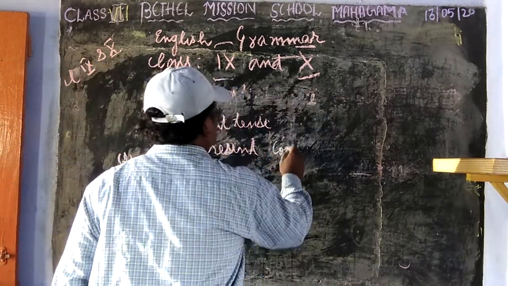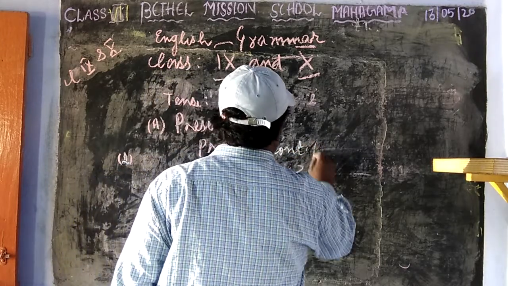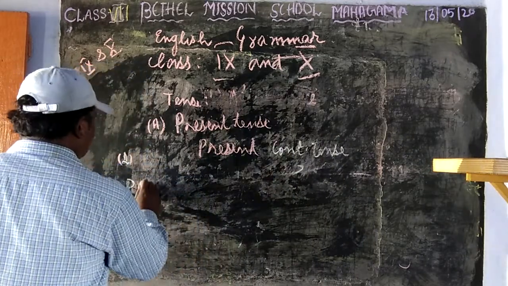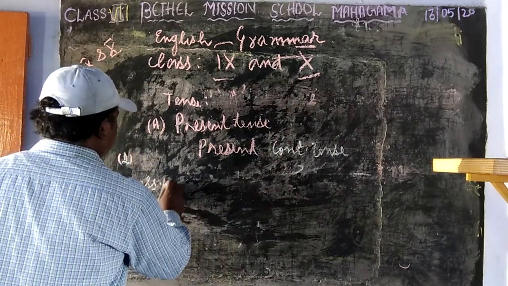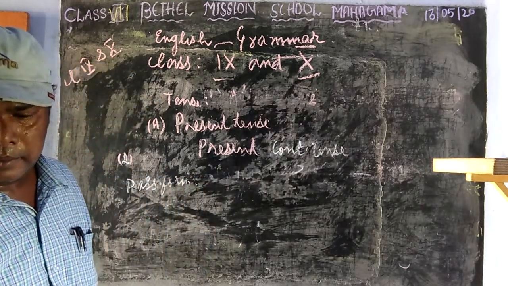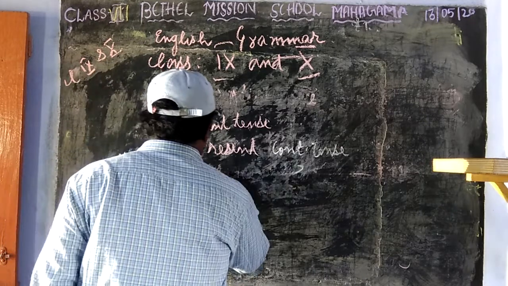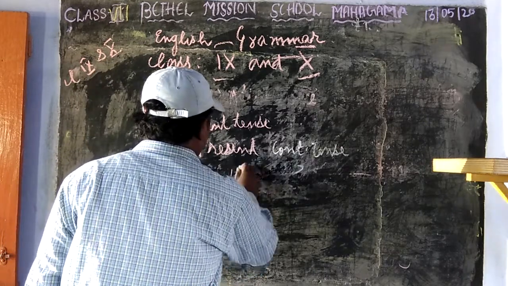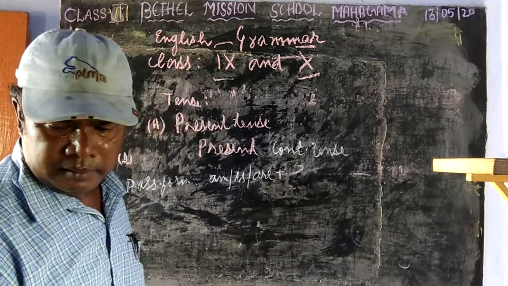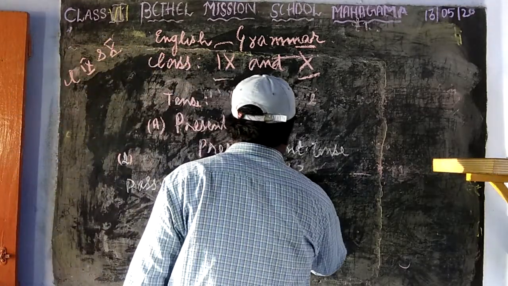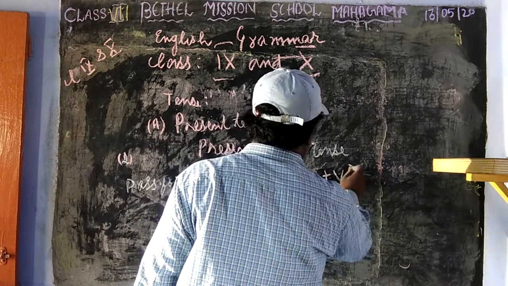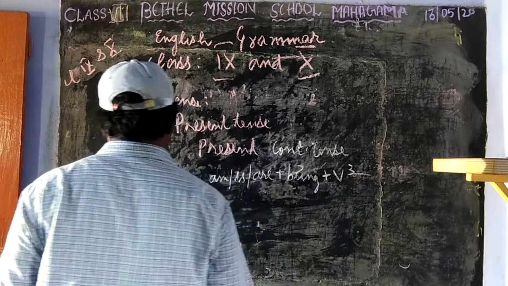Present continuous tense. Passive form is am, is, are plus being plus V3.